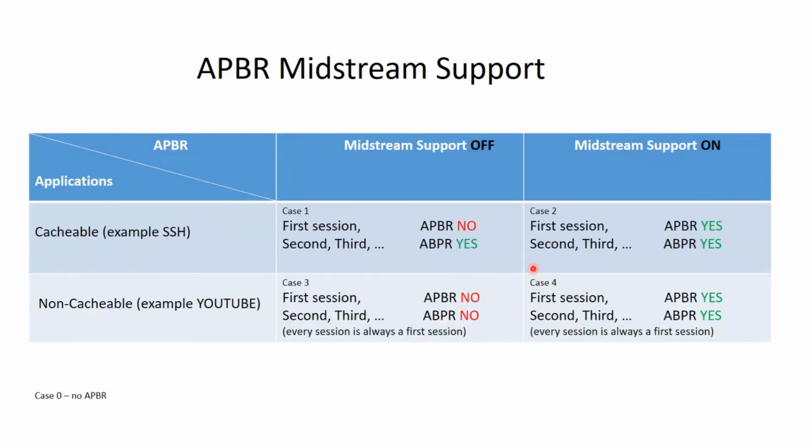So again, we are in quadrant number 4. We have APBR deployed, midstream support is on, and non-cacheable application, example of which is YouTube. So let's see what happens in this case.